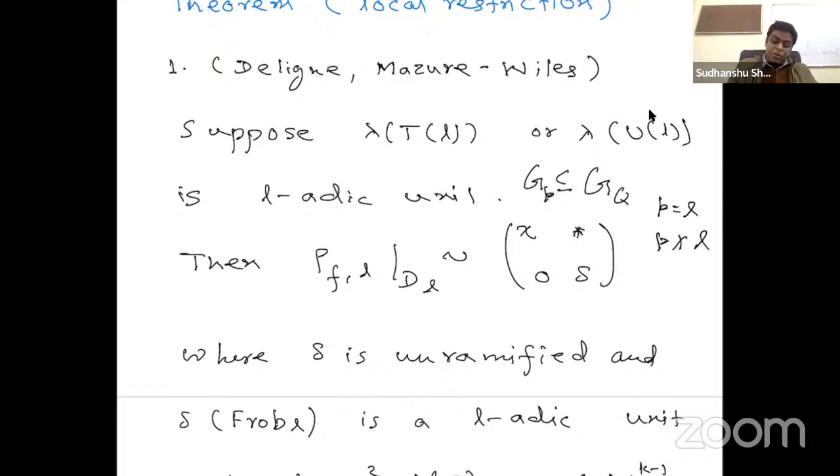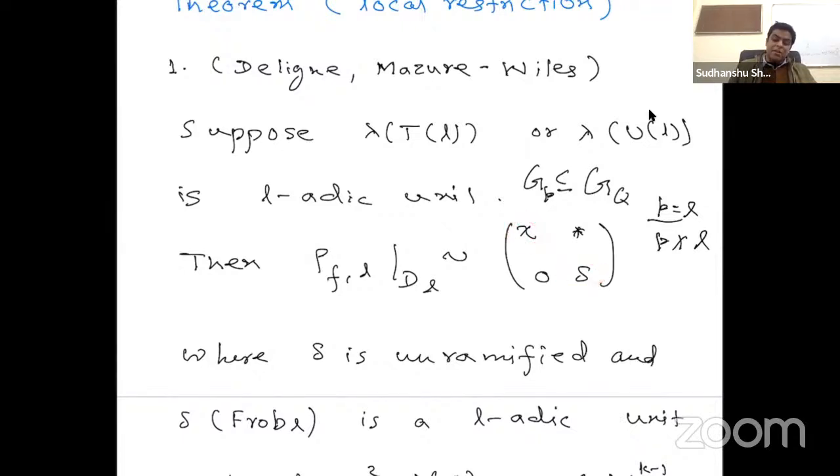When P is equal to L, this is how it looks at the decomposition subgroup. It is upper triangular, and this quotient delta is actually unramified, so its restriction to the inertia subgroup I_L is trivial. However, for chi that is not the case.